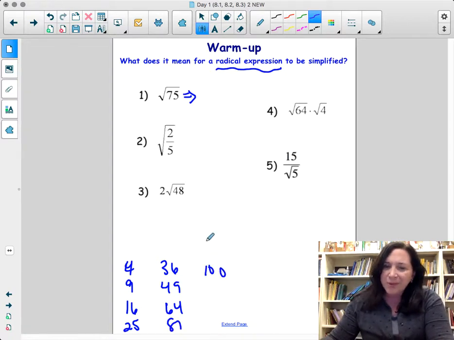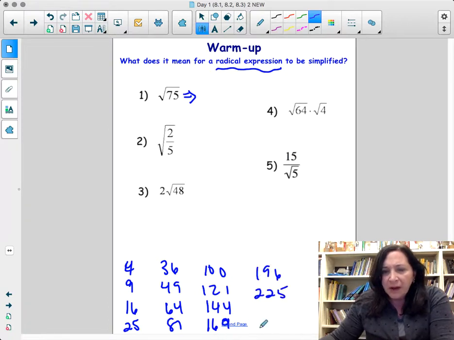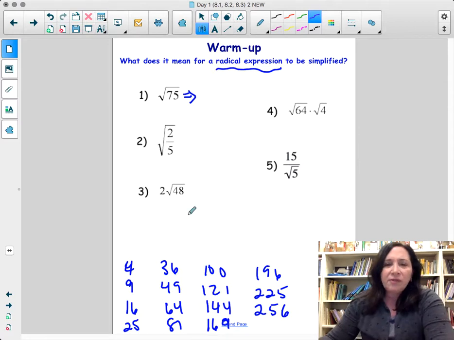Now these don't go up quite that much. We could do a couple more. 121 for 11 squared, 144 for 12 squared, 13 squared is 169, 14 squared is 196, 15 squared, 225, 16 squared, you're probably not going to get it much more than that. So we'll stop at 256.